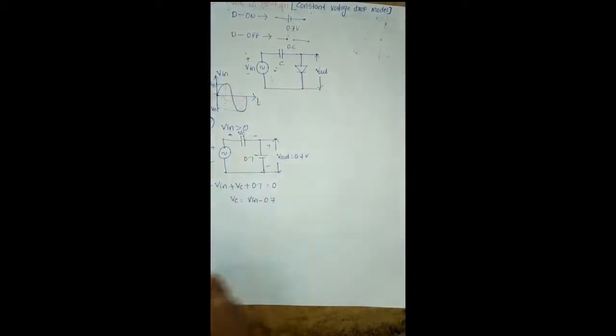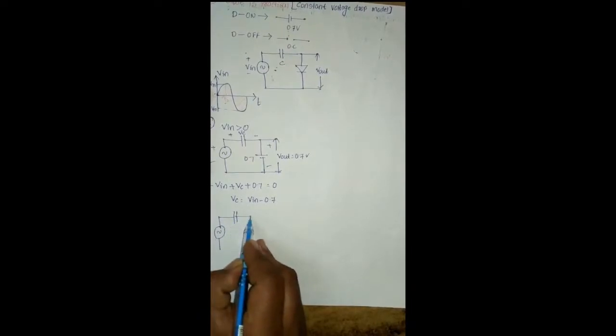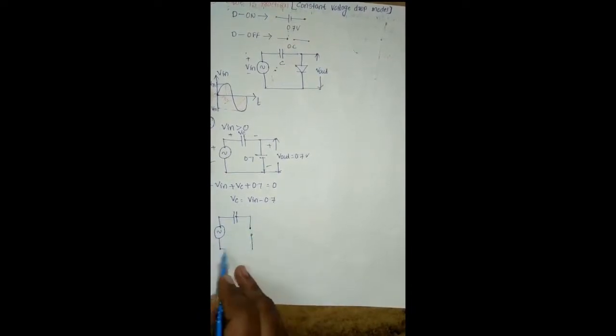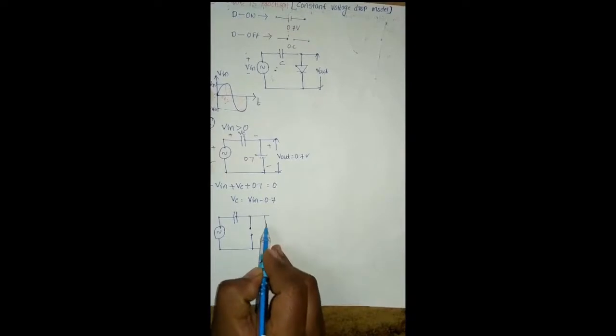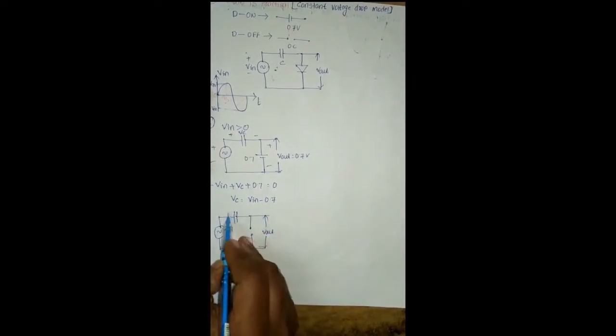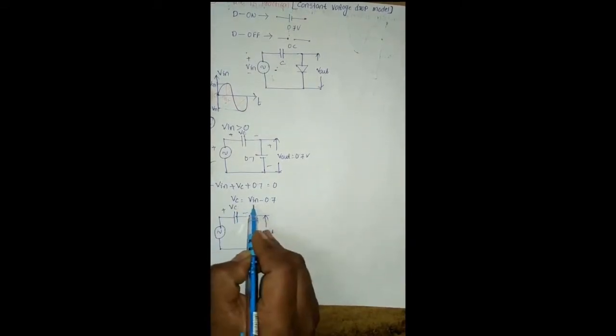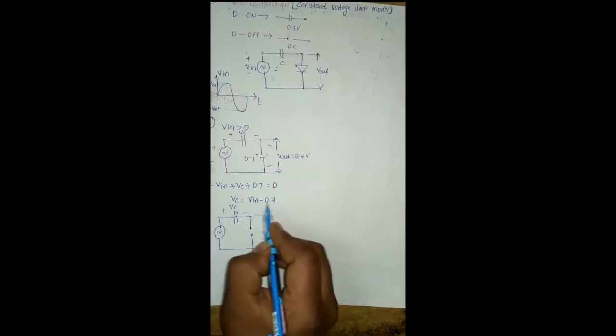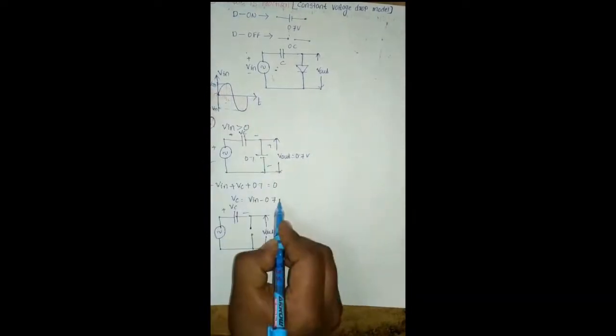Therefore, this diode is open circuited. Okay, and here we redraw the circuit. The diode is open circuited, and now we are estimating the output voltage. Already the capacitor initially stores the voltage equal to V in minus 0.7, and here we are giving the voltage equal to Vm.